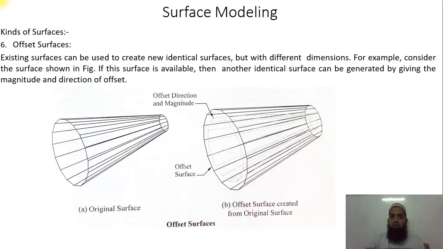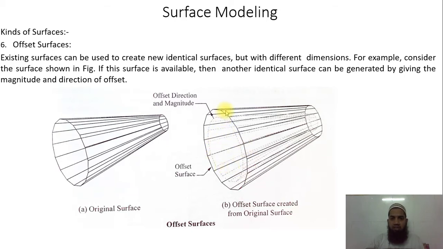Here also some surface is generated, but that always has some distance from the plane. That distance is called the offset. So here you can see some offset surface is generated.